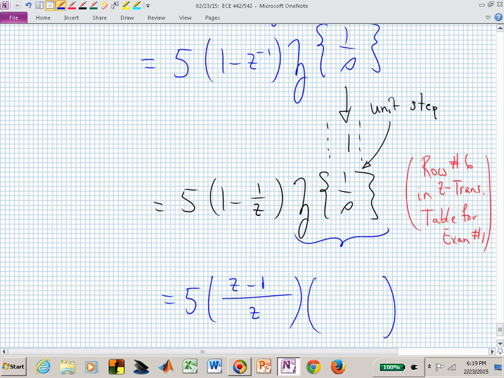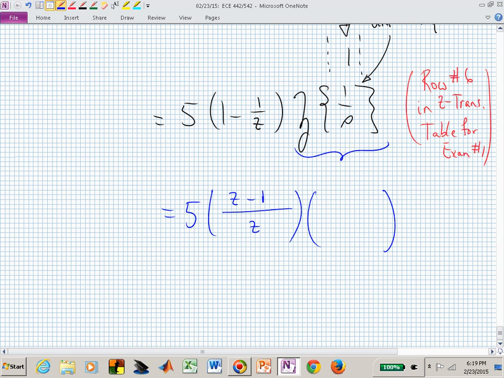If you go into row number 6 and find the Z transform, do you remember what that is? That's 1 over 1 minus Z inverse, and if we clean all the Z inverses up, that becomes Z over Z minus 1. That's what this piece is.